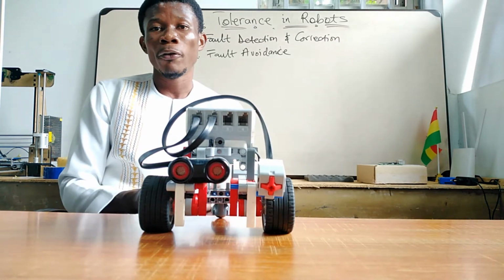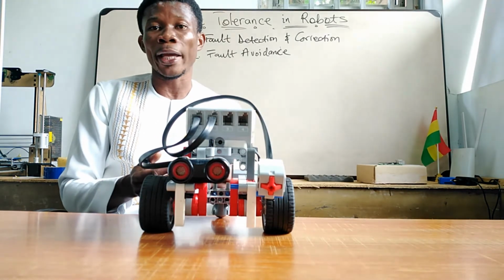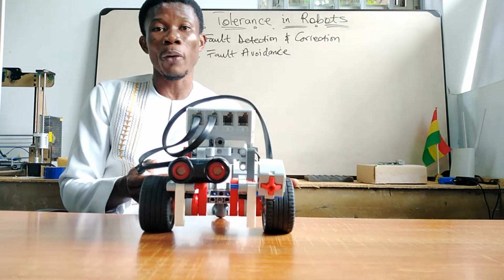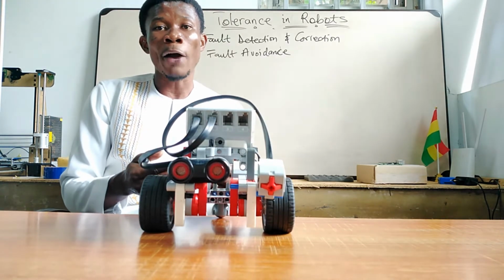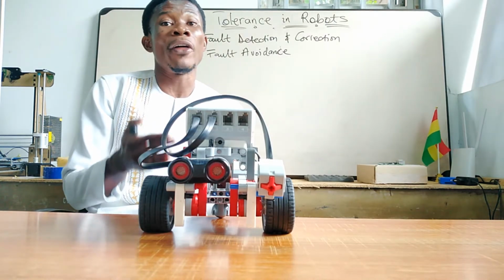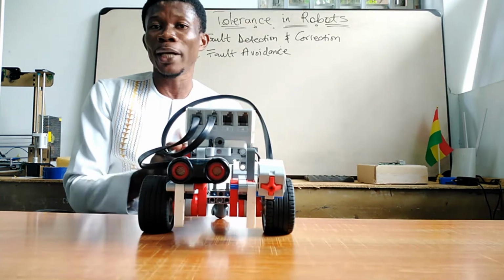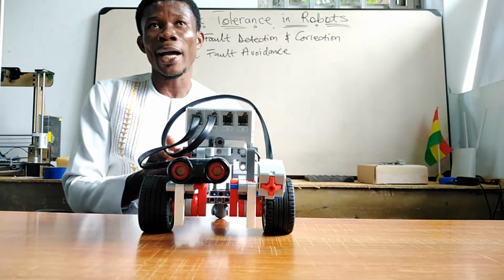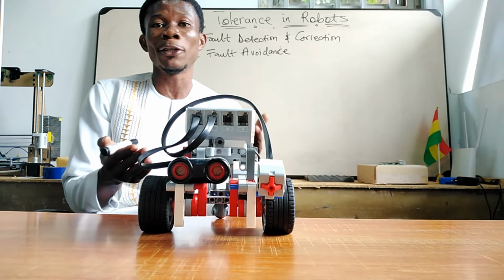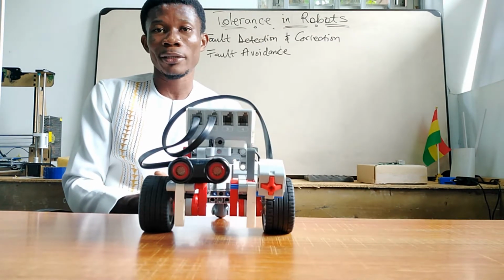So, in brief, we can either program a robot to allow faults to occur, detect the fault, and correct them, or program our robot to try and detect the fault before it occurs and then avoid the occurrence of those faults. Your guess will be as good as mine. It is better we have fault avoidance mechanisms than to have fault detection and correction mechanisms.